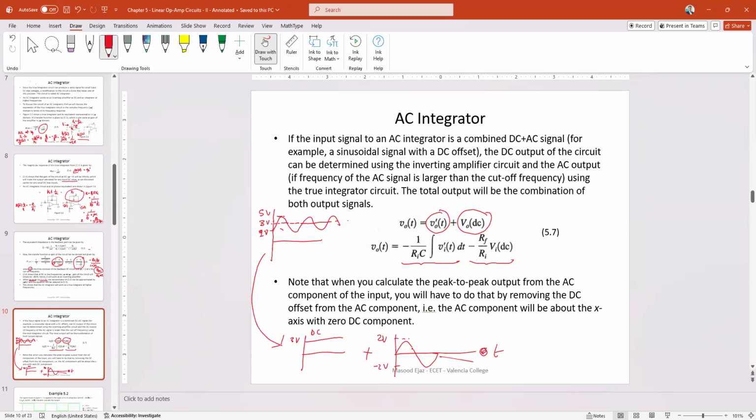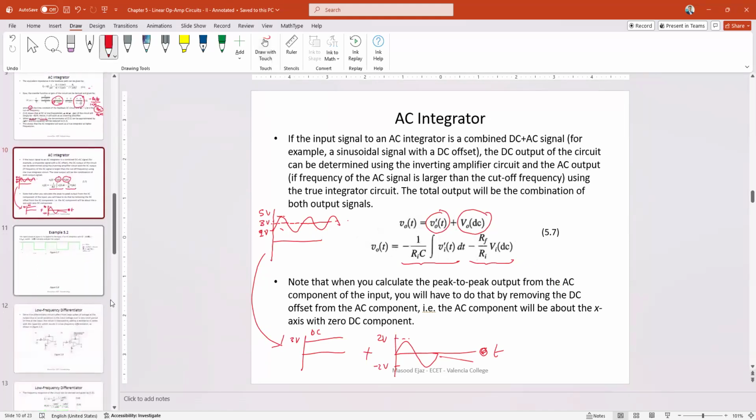If it's a sinusoid, it's going to give you a cosine signal, of course, and then you multiply by the gain of the amplifier, 1 over R input C. So the output is going to be a sinusoidal signal, which will be centered at negative 6 volt for this circuit if our DC component is 3 volt and the gain RF over R input is 2. So this is how we can easily calculate the output of the AC integrator if we know the DC component at the input as well as the shape of the input.